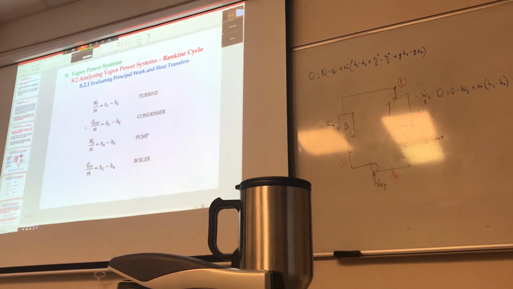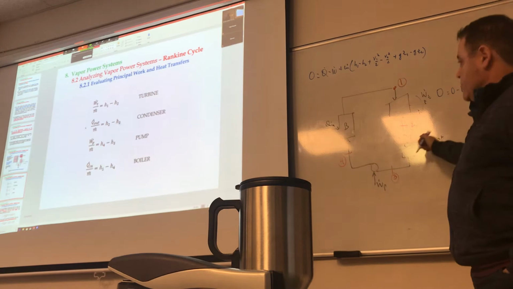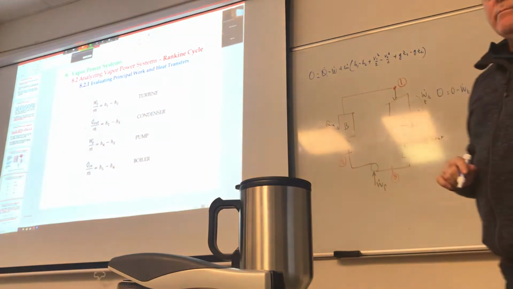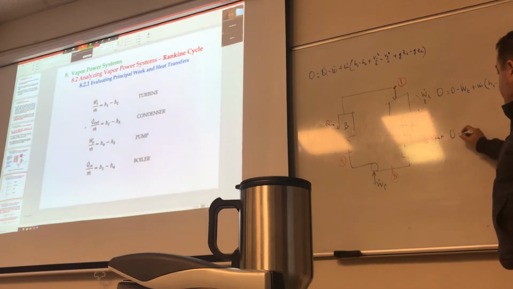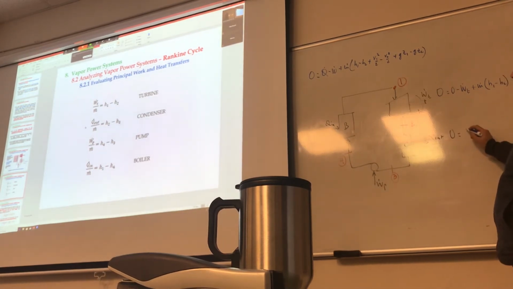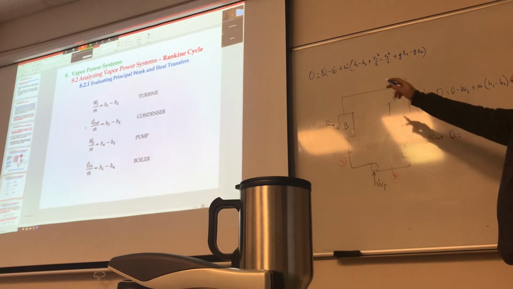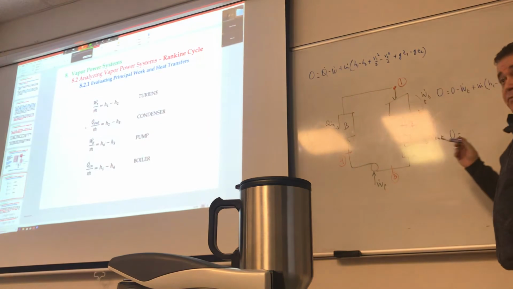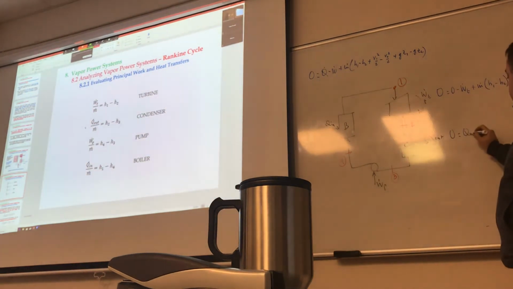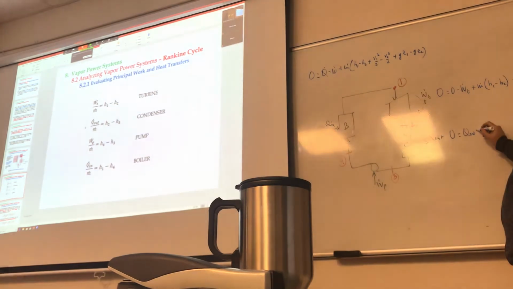Okay. Now, let's apply this to the condenser. Just take a look at that equation. 0 equals what? Still 0. So I will have Q, so it's going to be Q out, plus m dot. There is no W, right?